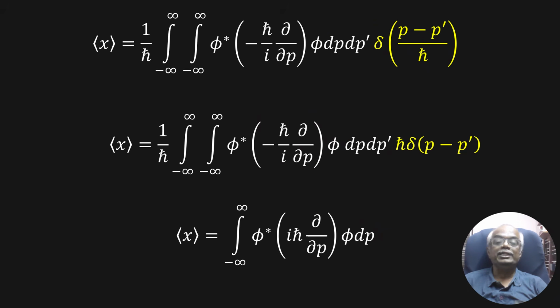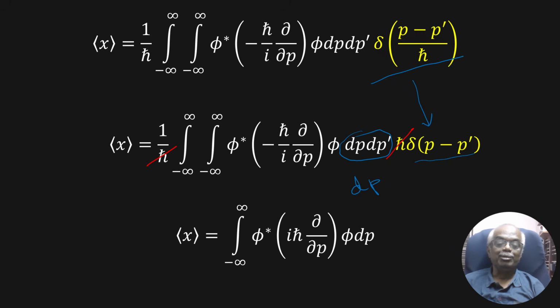Here, using the delta function property, when you take this denominator outside, it will become a numerator. It is a basic delta function property. That is, it will become h cross delta of p minus p prime. So here this h cross will get cancelled with this h cross, and also from the basic property, the delta function is non-zero only when p equals p prime. So naturally dp and dp prime will become simply dp.